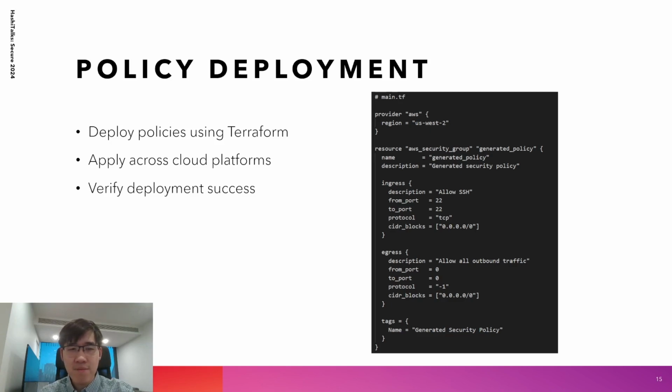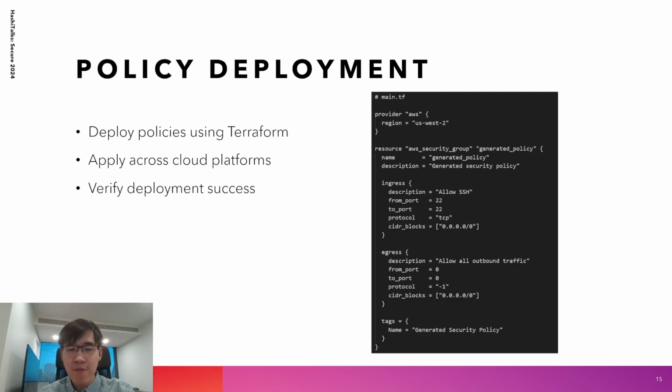So with this, you can deploy the policies using Terraform and execute it just like how you would manually. And you can do this autonomously. You can then apply this across the cloud platforms that you need, whether it be, for instance, AWS or Azure. And in general it's just based on your own requirements.